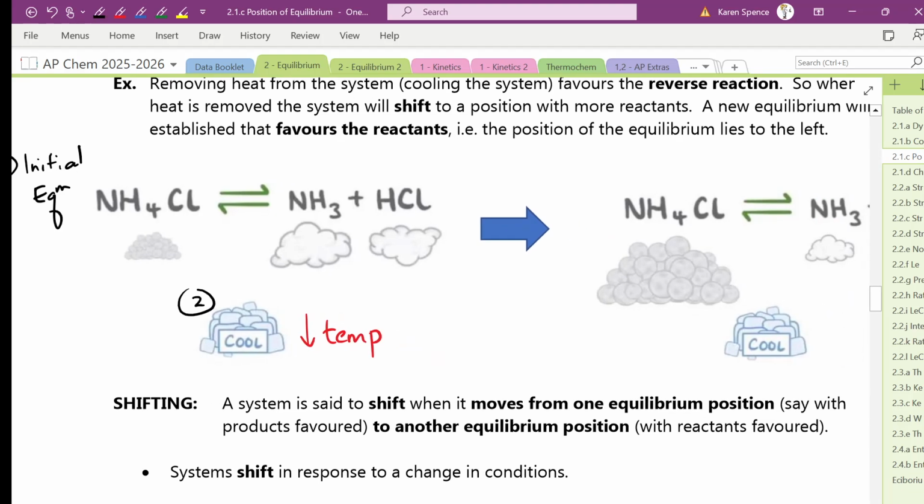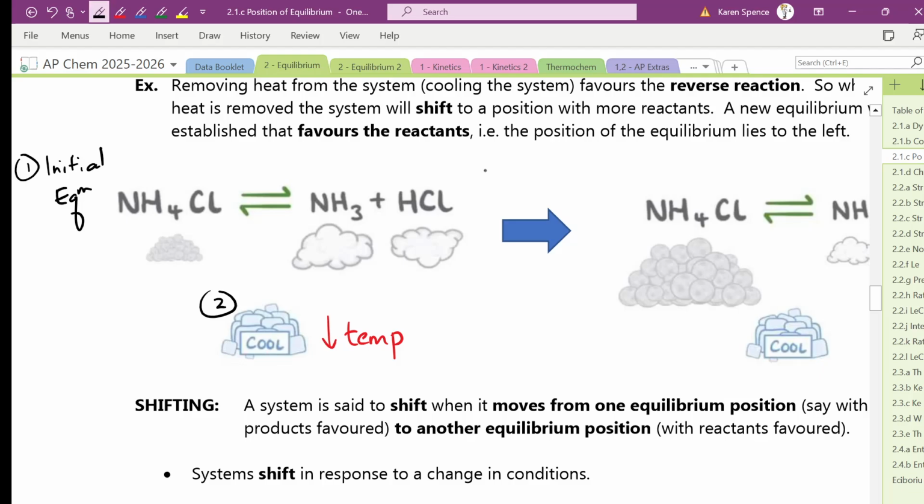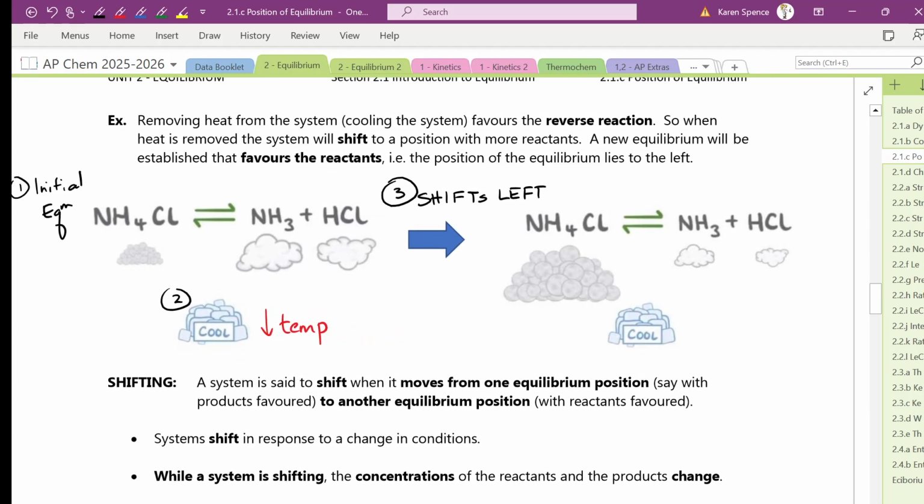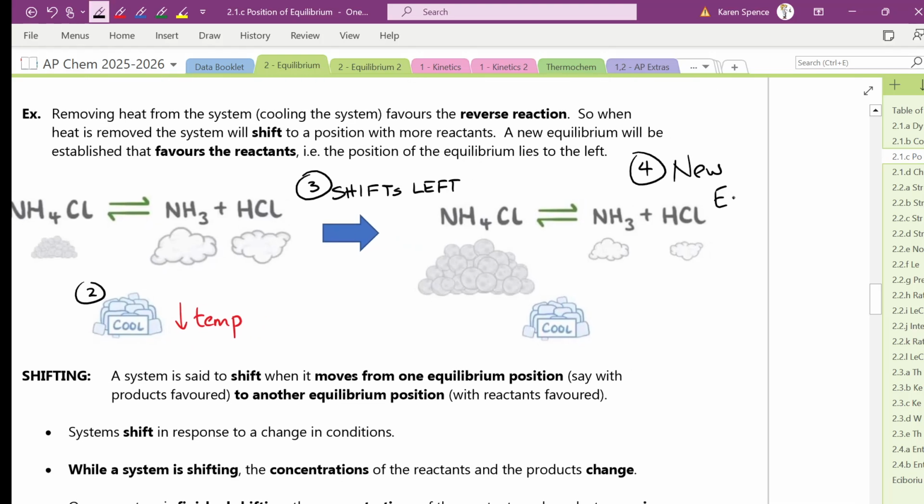The equilibrium will shift. In this case, which direction does it shift? It shifts to the left. And then after we have finished shifting, we get a new equilibrium, okay?